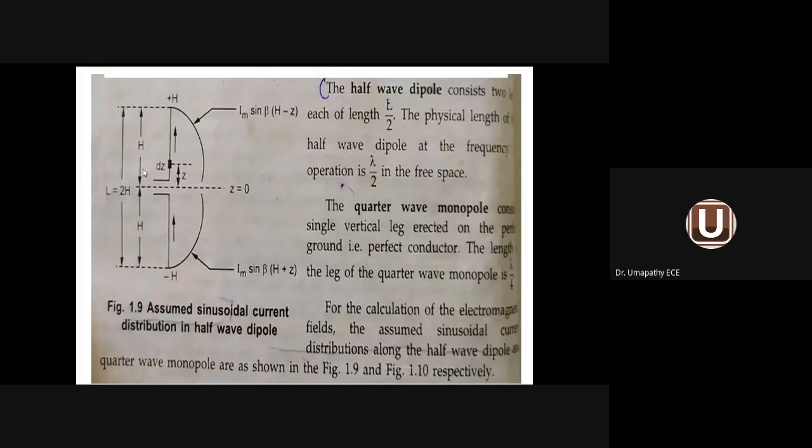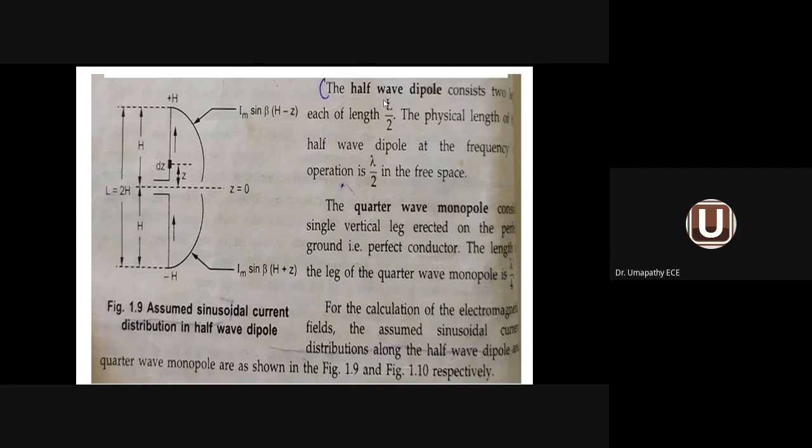If L equal to 2H, this is H, a radiator of length H. So we are having minus H and plus H. If I consider both the poles, it is called half-wave dipole. If I consider only the upper portion, it is called monopole. So monopole is a single radiator, whereas dipole is a double radiator.